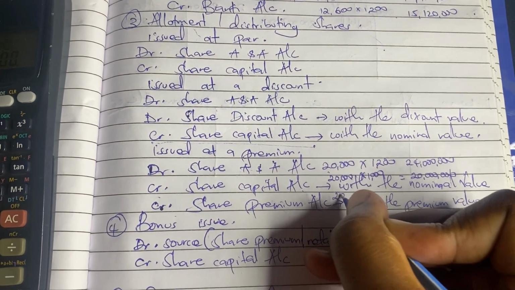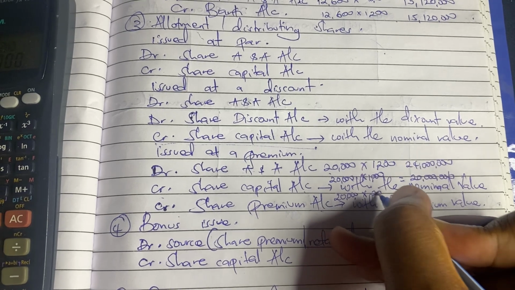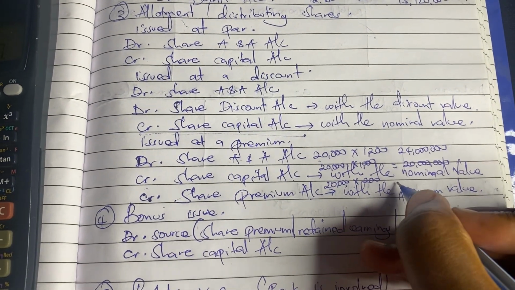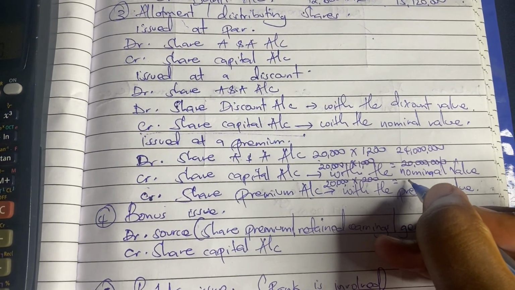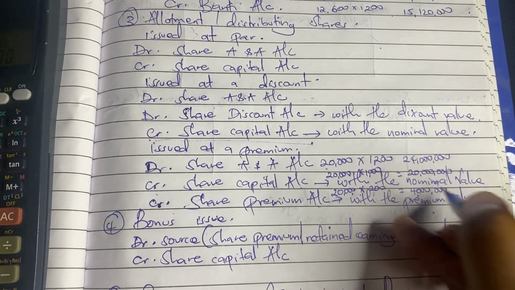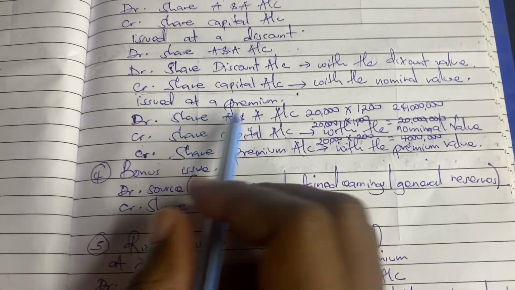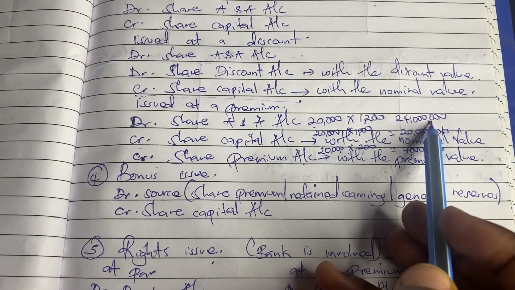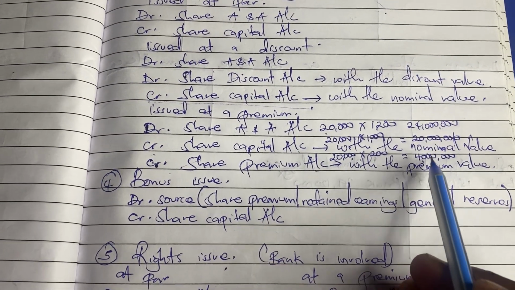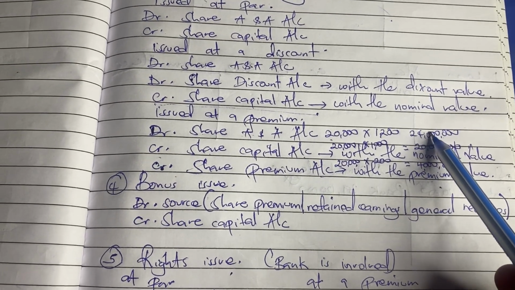So it will be 20,000 shares that were distributed times the 200, which is the premium value. So it will equal 4M. Like that. So we are going to debit share application and allotment with 24M, credit share capital with 20M, credit share premium with 4M. When you add 20M and 4M, you get 24M.